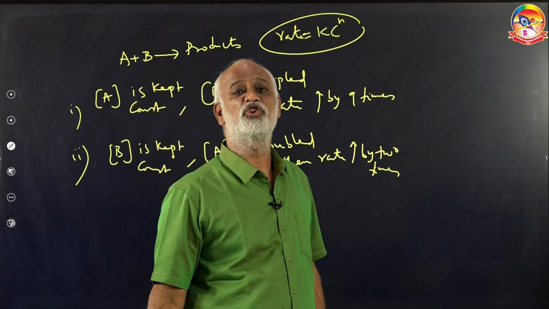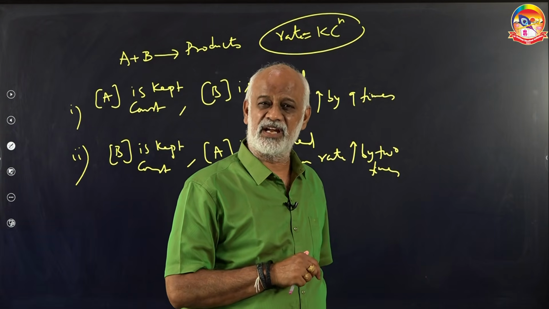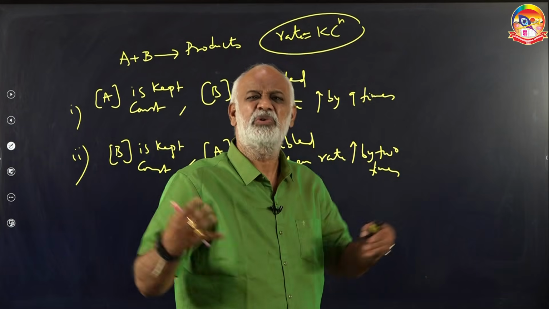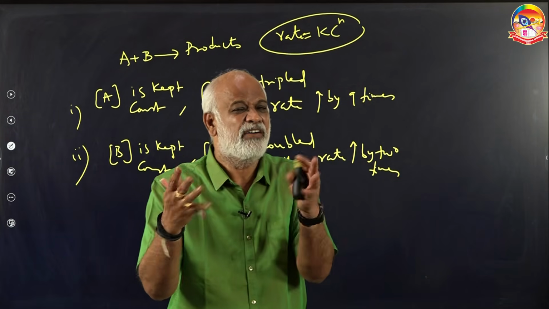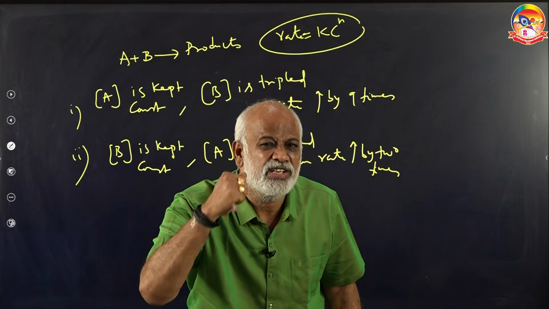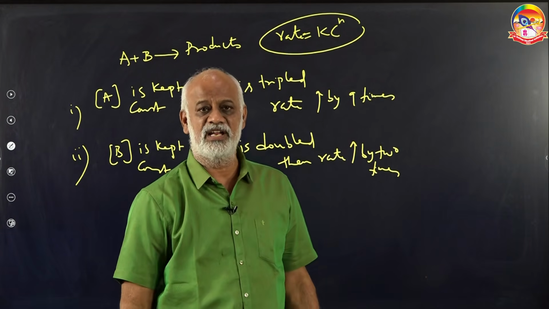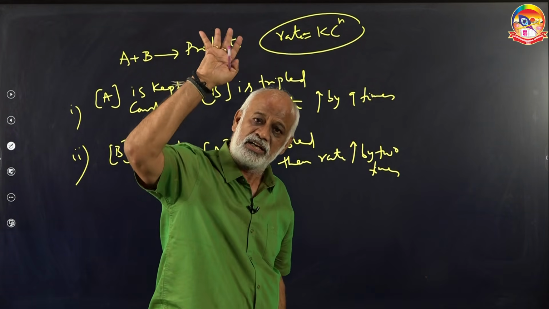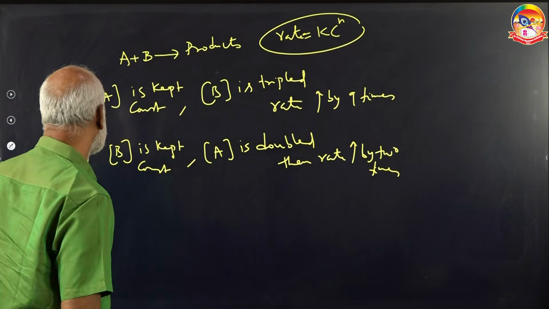Oh, order is 2. I have doubled the concentration of the reactant, but rate remained constant. The concentration of the reactant after being changed also has no influence on the rate. What is its influence on the rate? 0. Oh, it is a 0 order reaction. That is actually the correct chemistry. But to know it mathematically is what we are seeing here.